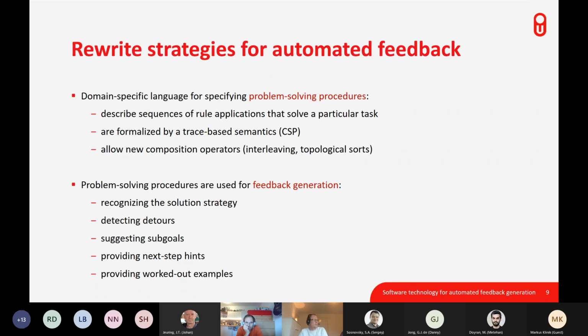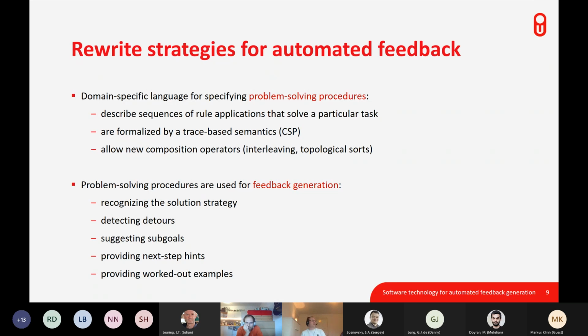These problem-solving procedures describe sequences of rules that you have to apply in order to solve a particular task. And there's all kinds of semantics behind it. I'm not going to present it today. They are based on a trace-based semantics, which is similar to the communicating sequential processes that have also been popularized by Tony Hoare.